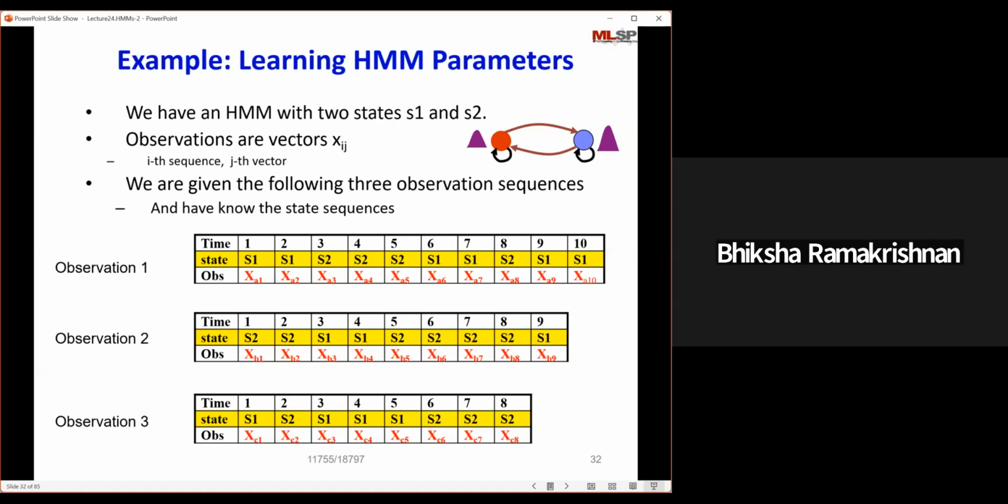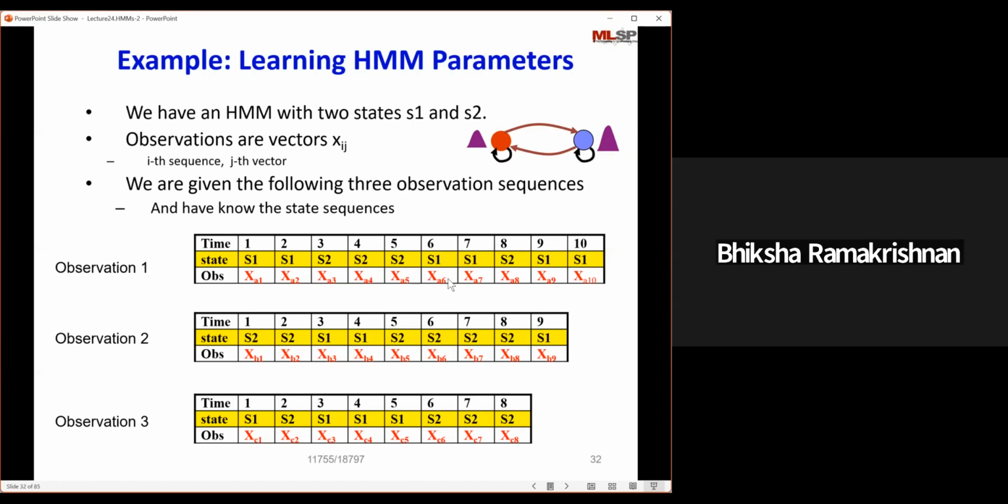Mel? Anybody else? Okay, where did I lose you? I'm assuming over here that I know the state sequence that the process followed in generating any observation sequence. That's all I'm assuming. So did that make sense?